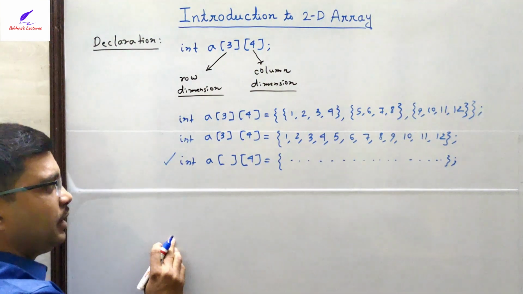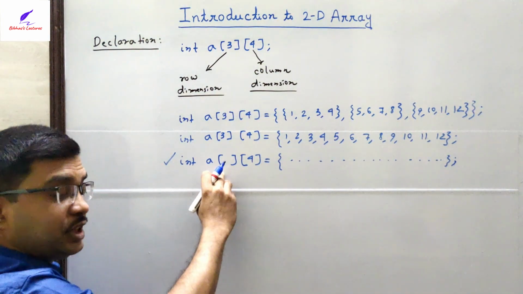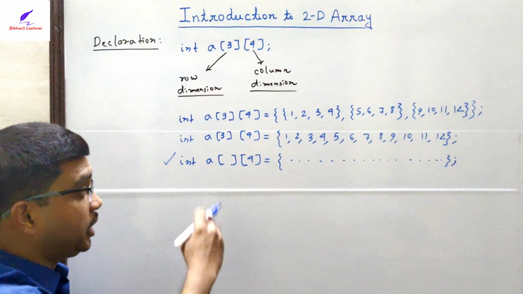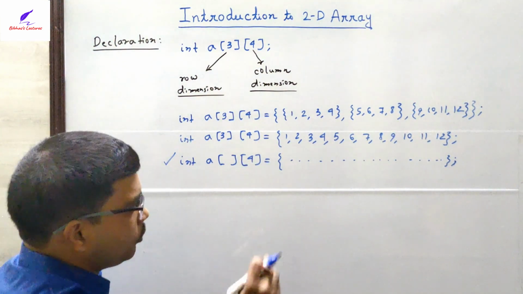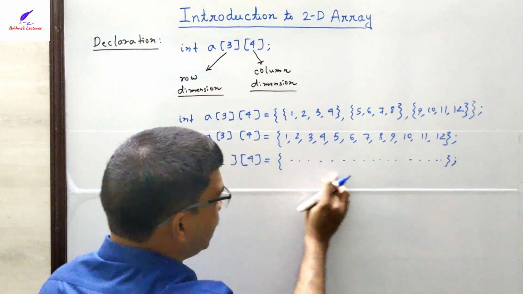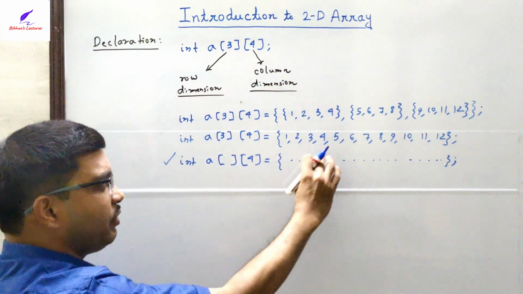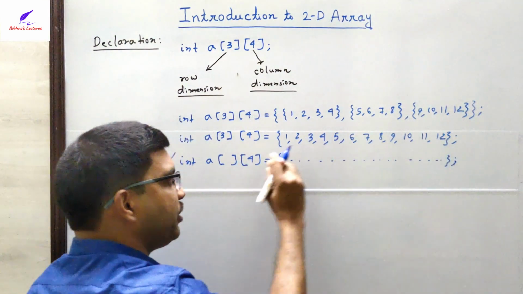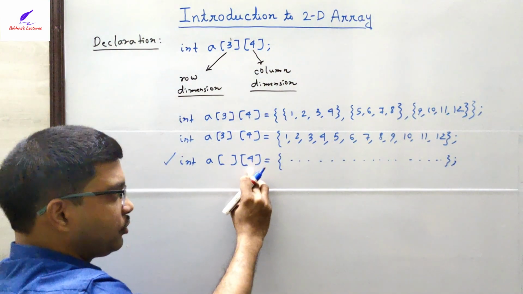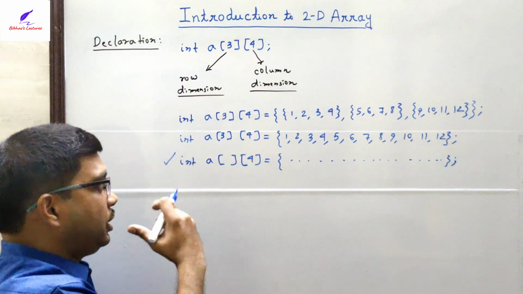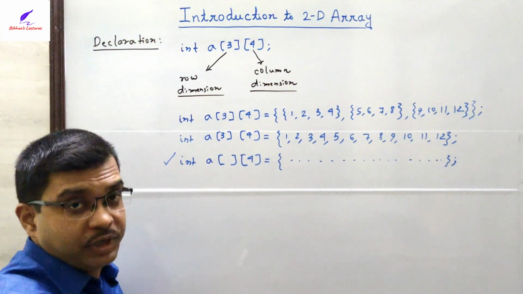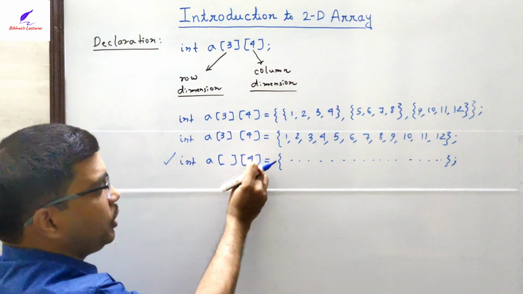Why? Because mentioning the row dimension is optional, so you can mention it or may not mention it, but mentioning the column size is mandatory. Whenever these 12 elements are there, the compiler will divide this number of elements, that is 12, by 4, the column number. So 12 by 4 means 3. So it will assume that there are 3 rows, and each row will contain 4 elements.